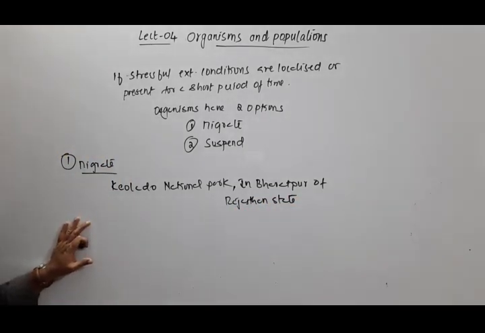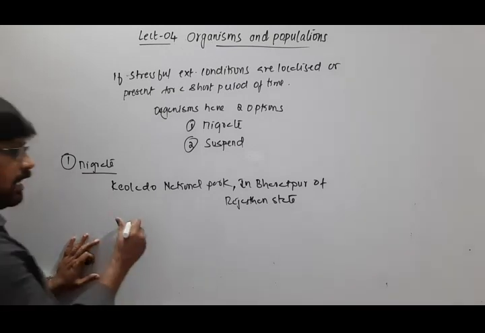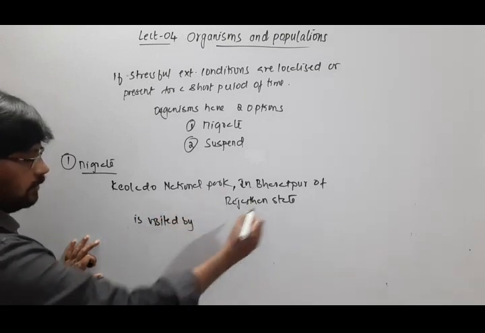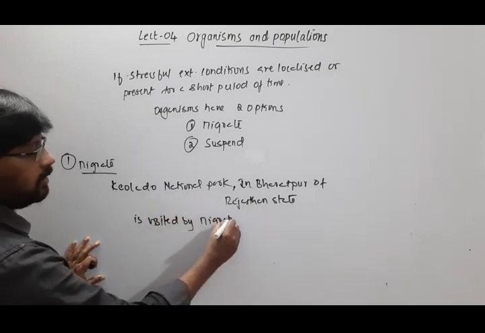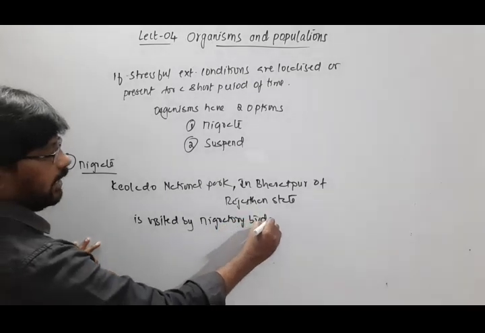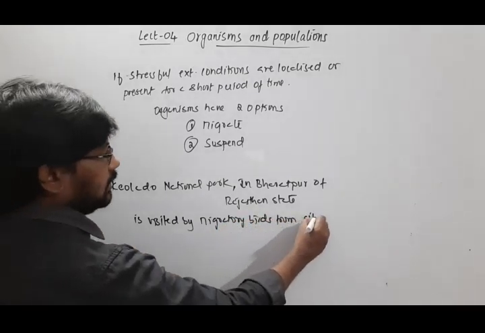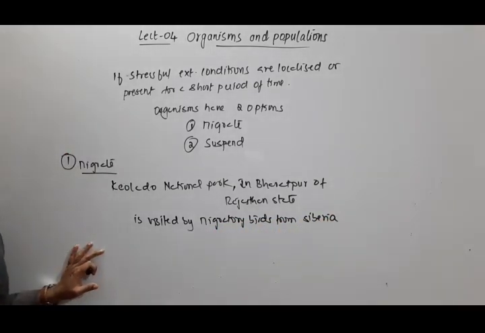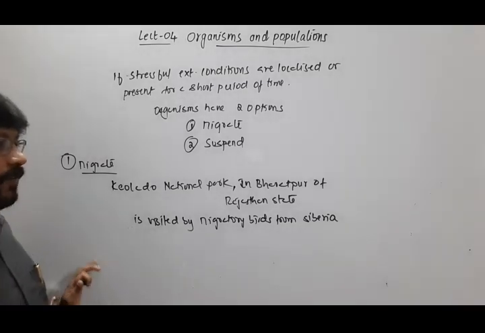To this park, many birds from Siberia come to visit. So this park is visited by migratory birds from Siberia. Siberia is a location in Russia, almost up to the North Pole, where in the winter the conditions become very cool.